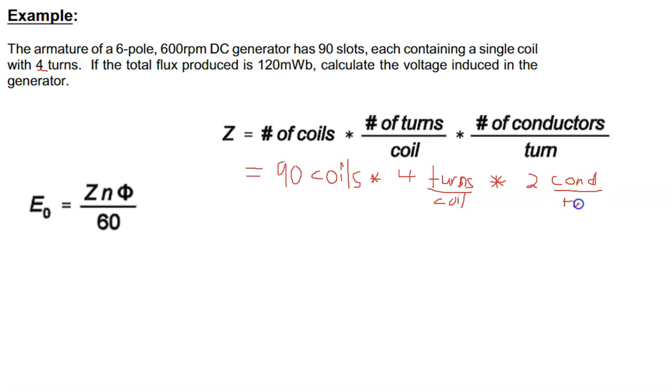If you made a sketch, it should be clear: coils cancels with coils, turns cancels with turns, and we are left with conductors. So Z is equal to 90 times 4 times 2, and the result is 720. So Z is 720 conductors.